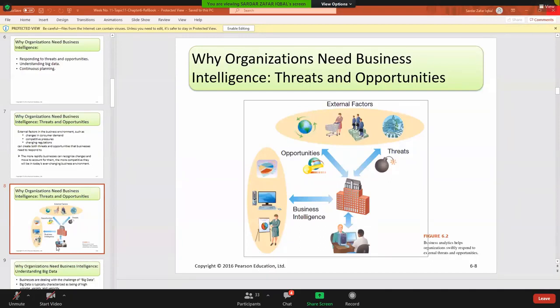This is another problem organizations usually face, especially with semi-structured and unstructured data, because your information system is not able to work with these formats. So you have to convert that data into some format, and then you will be able to work with it.